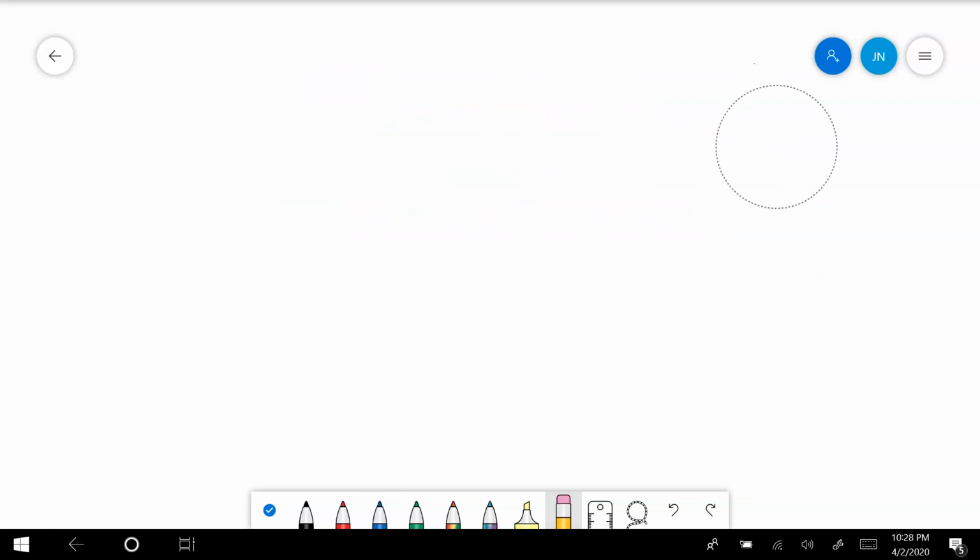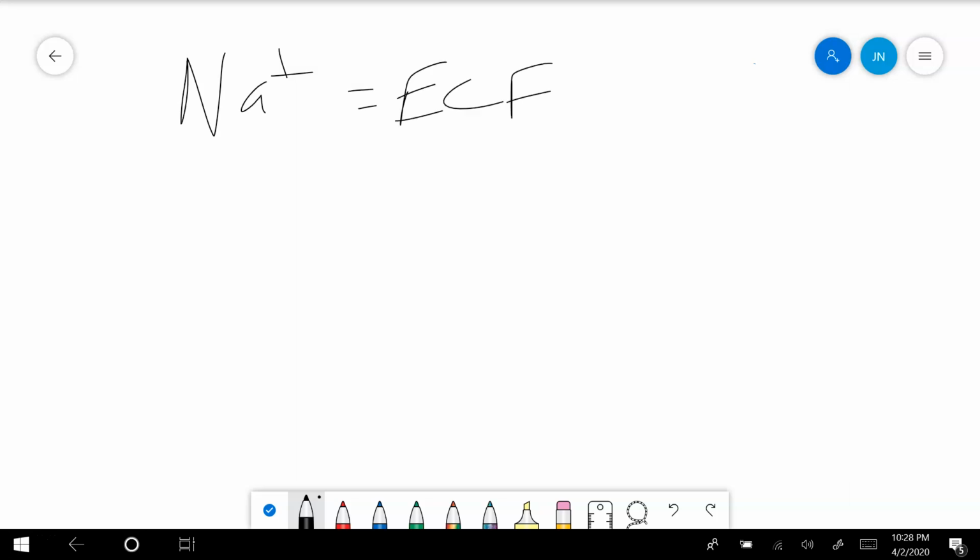Electrolyte balances, we're not concerned with all of the electrolytes, really. Sodium is the major cation of the extracellular fluid. You need to know that sodium is outside the cell, extracellular. Inside the cell, potassium.